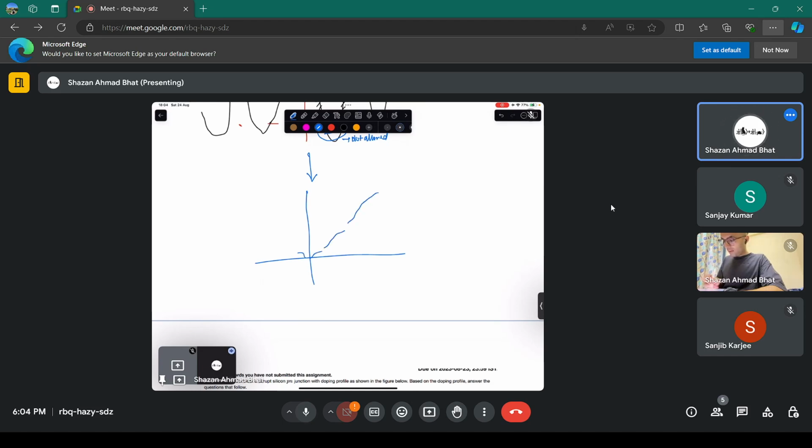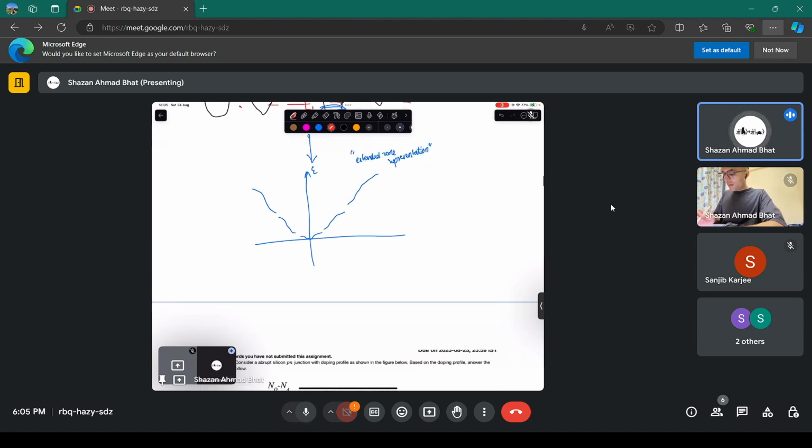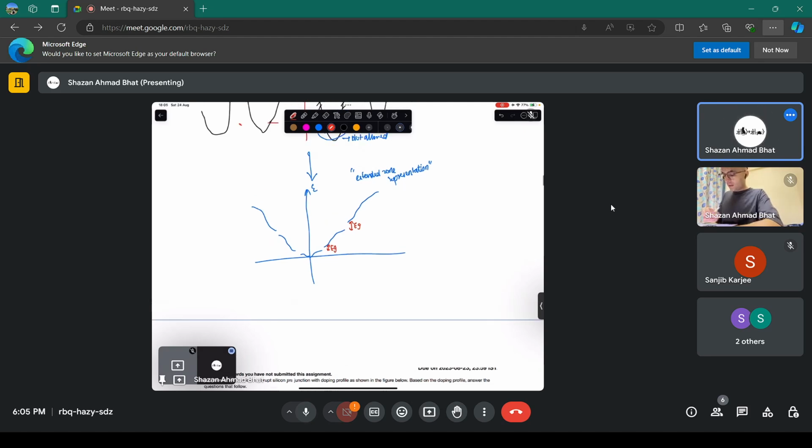You get something like these on both of the sides, and this is the extended zone representation, and this is E. Okay, so the extended zone representation clearly shows these different not allowed states for the electrons.